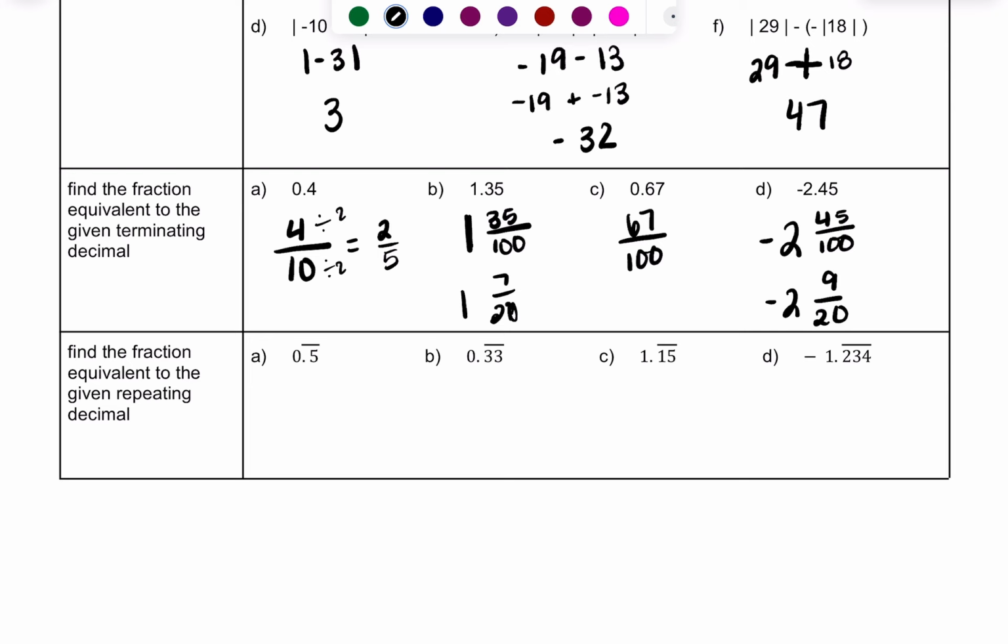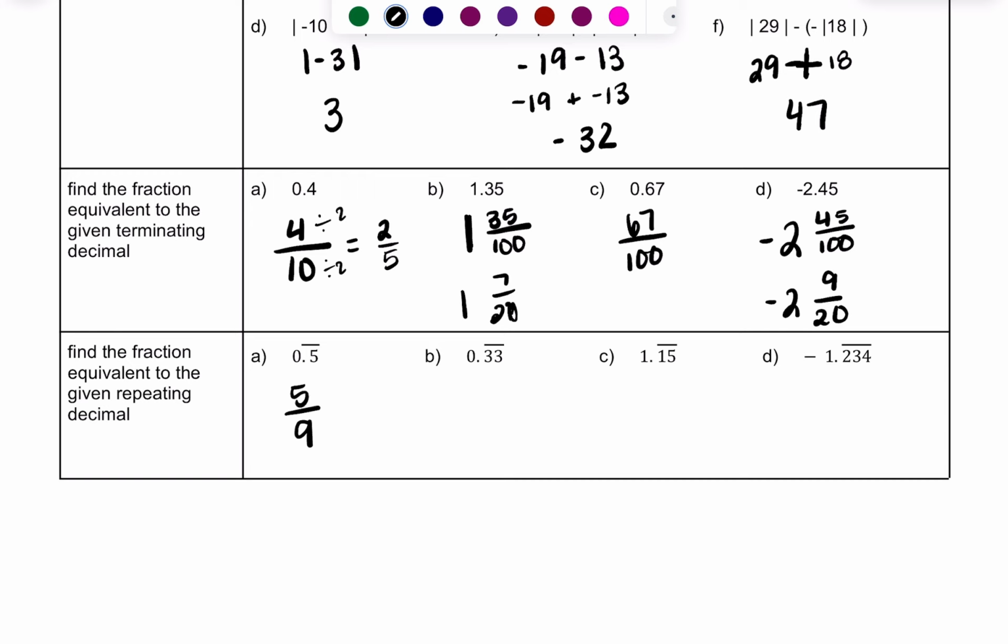So depending how many numbers you have to the right of the decimal, that's however many nines you're going to put it over. So if I look at the first one, I only have one number after the decimal. So that means I'm only going to put this over 1 nine. Then I'm going to take that decimal placement that I have, which is that 5, and make that my numerator.